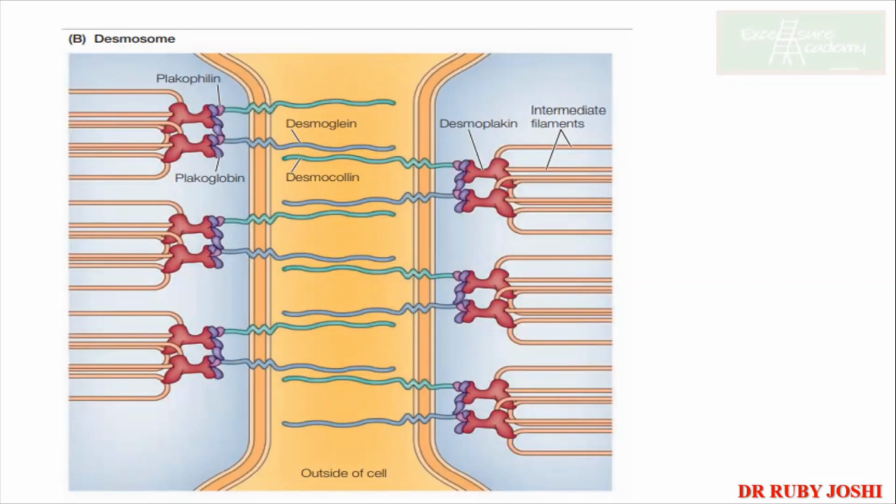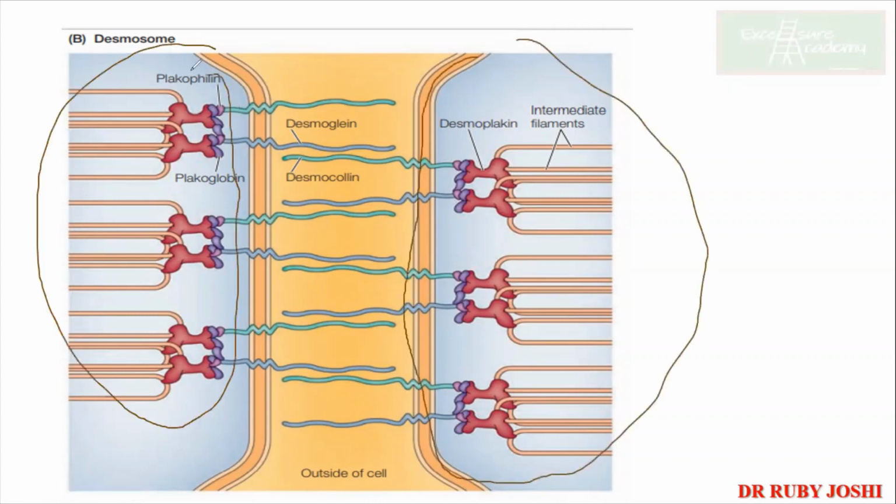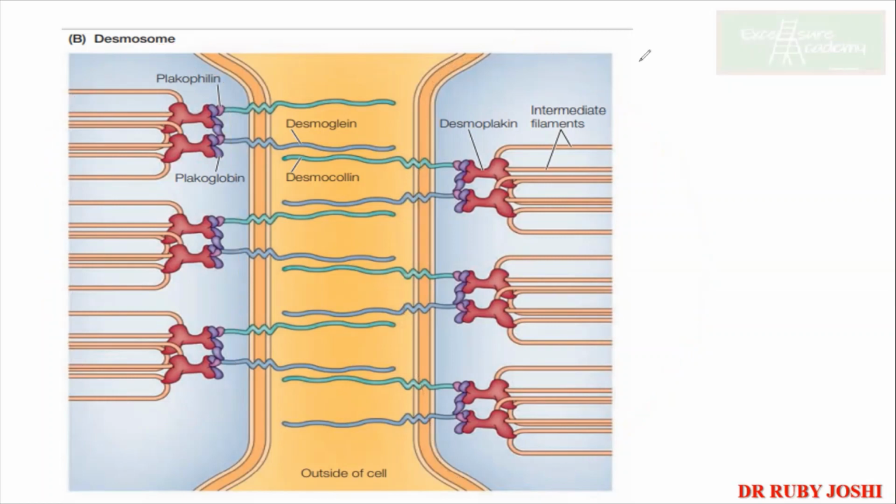Okay, now what is desmosomes? So desmosomes is between the two adjacent cells. Okay, so this is one and this is another and this is outside of the cell. I hope you're getting it right. So this is one particular cell like this. This is another cell. Now, what do we see in the desmosomes?